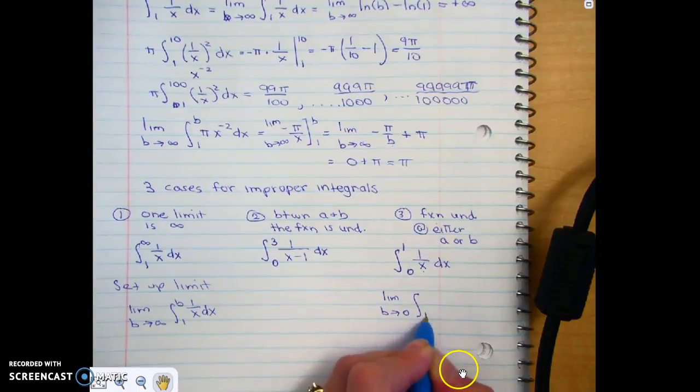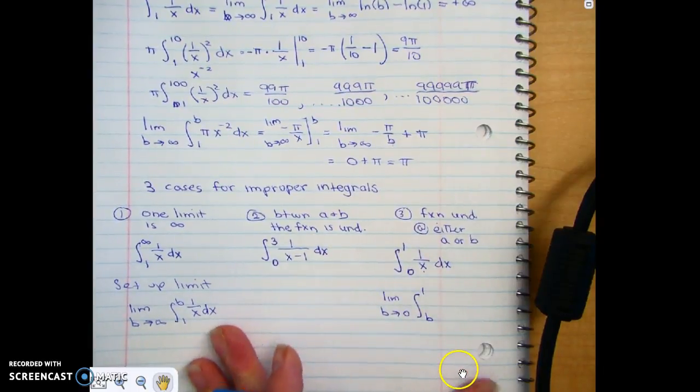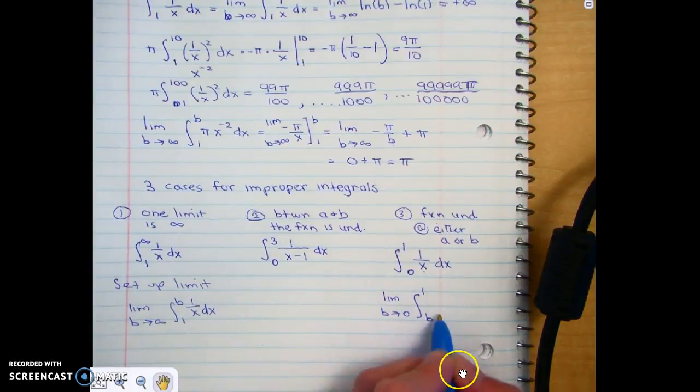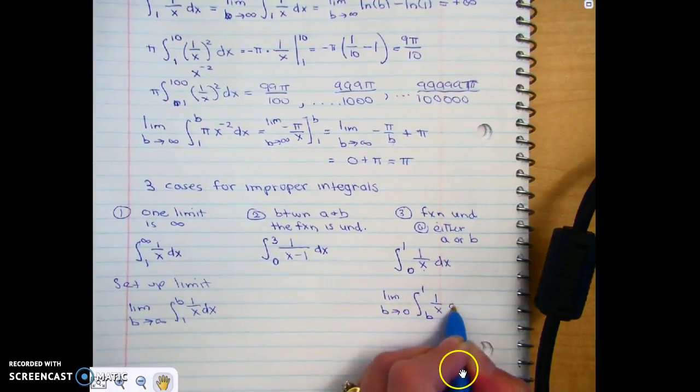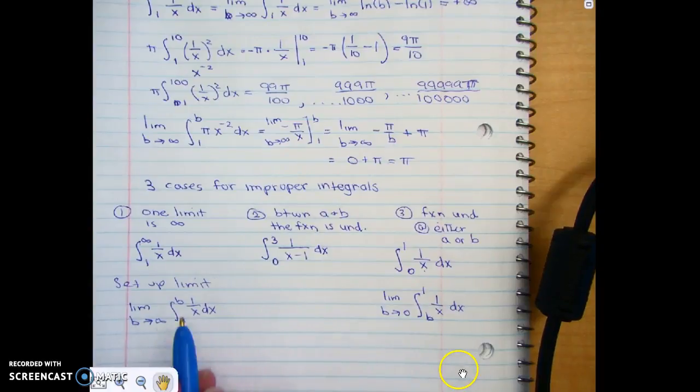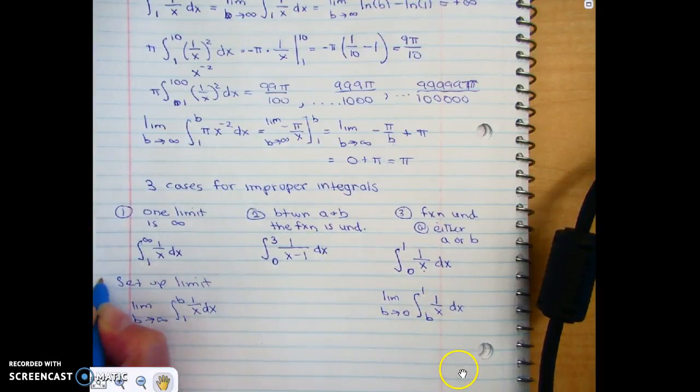And then this would be from b to 1. See how we have to put the b in for the number we're getting rid of? Okay. And I think that one's going to be infinite because as we approach 0, the natural logarithm function is infinite.